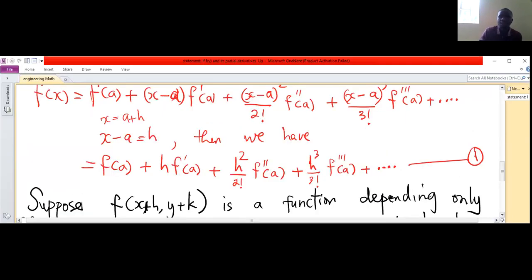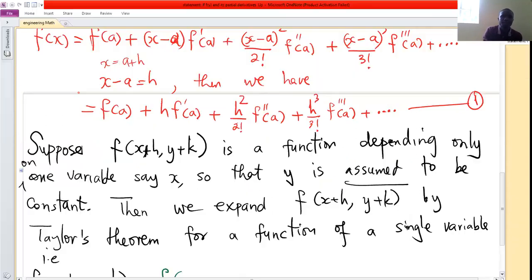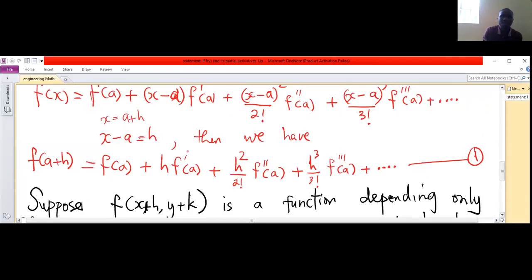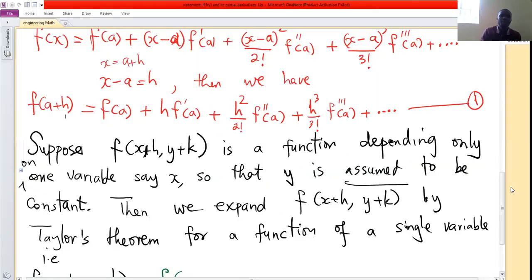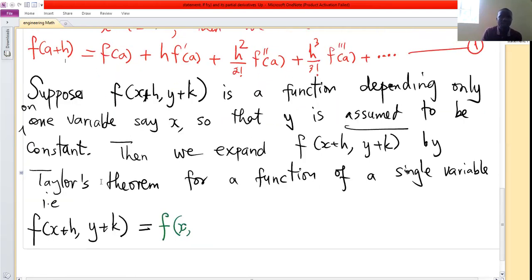So that formula, f of a plus h, is given by this. So a plus h, our a is x in this case. So we have x plus h.